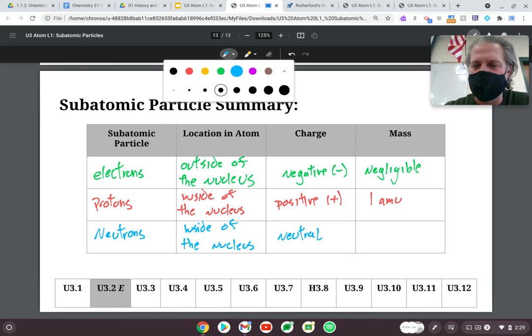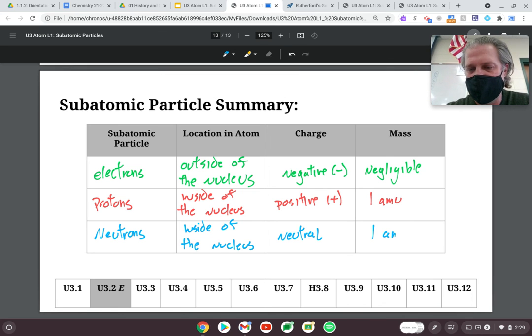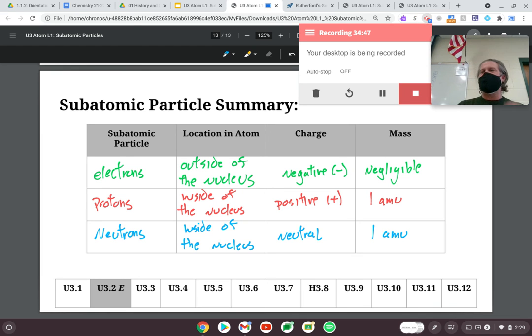And the mass of a neutron, also 1 atomic mass unit. Okay, so we've covered a little bit of material today, and that was a very basic introduction to how we know what we know about the inside parts of an atom.